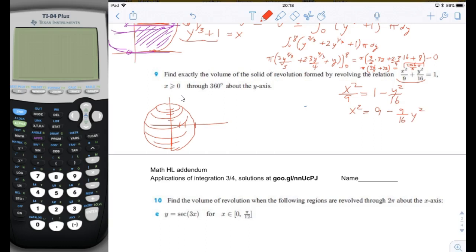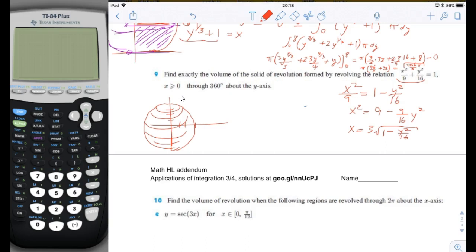And then I would take the square root of both sides, so x equals the square root of 9 minus 9/16. So I could actually put the 9 on the outside. It would be 3 times the square root of 1 minus y squared divided by 16. And then that would become my radius, okay?